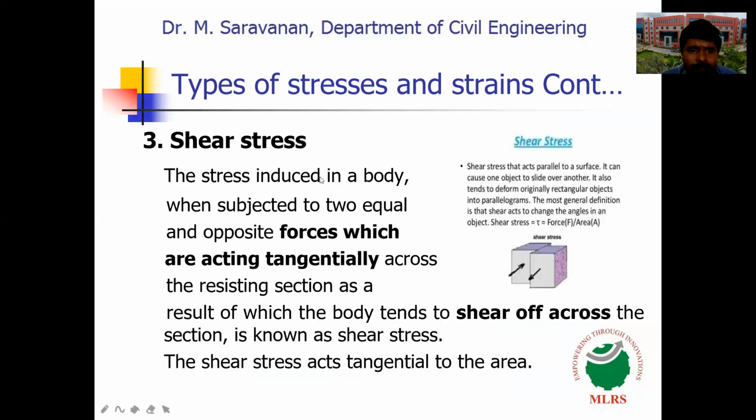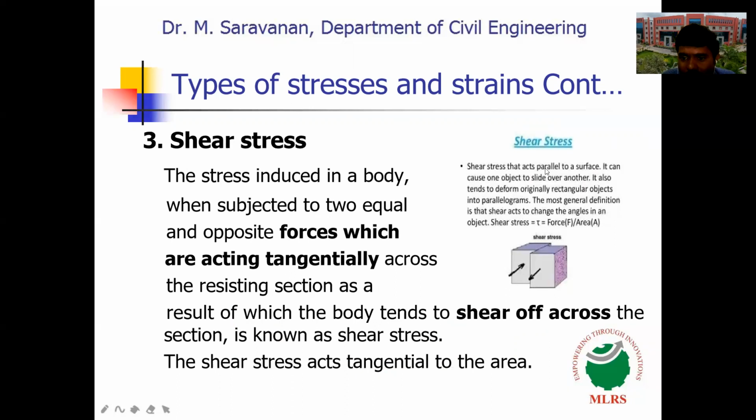Now you can see the shear stress. The stress induced in your body when subjected to two equal and opposite forces which are acting tangentially across the resisting section, as a result of which the body tends to shear off across the section, is known as shear stress. So instead of the normal force, there will be the parallel force.